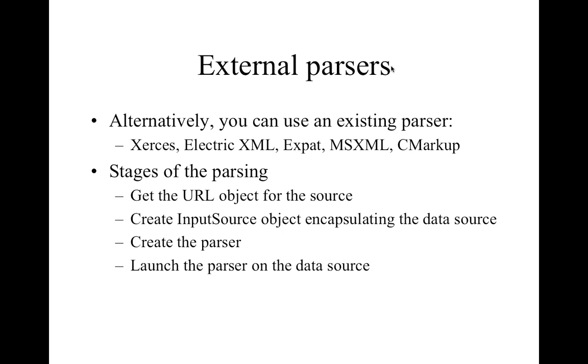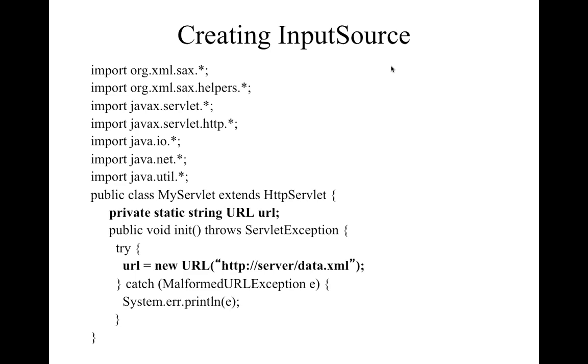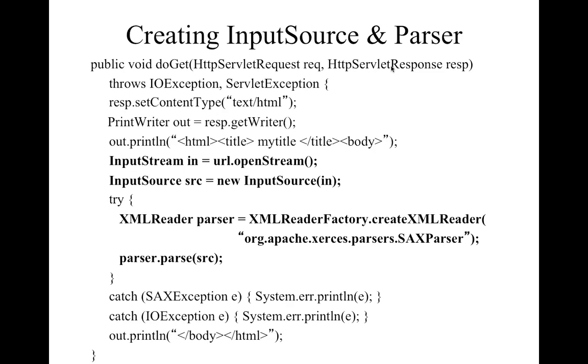You can just import that jar and use it. You need not reinvent the wheel. Then this is one other example of how to use this parsing: a web application using SAX.